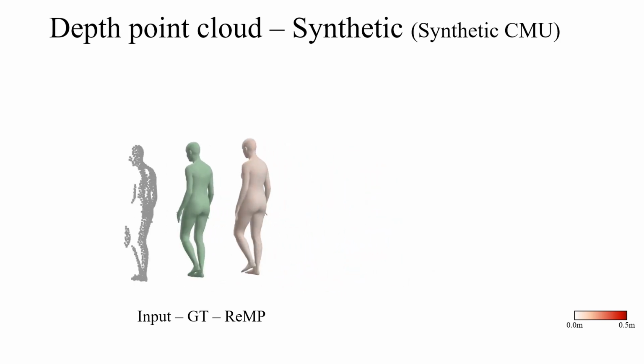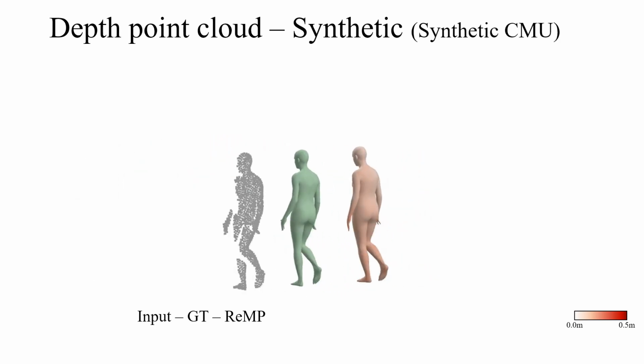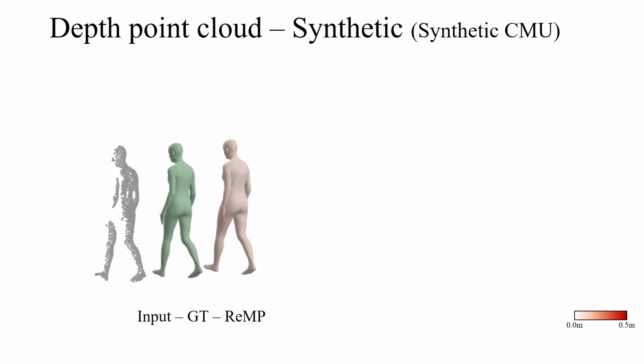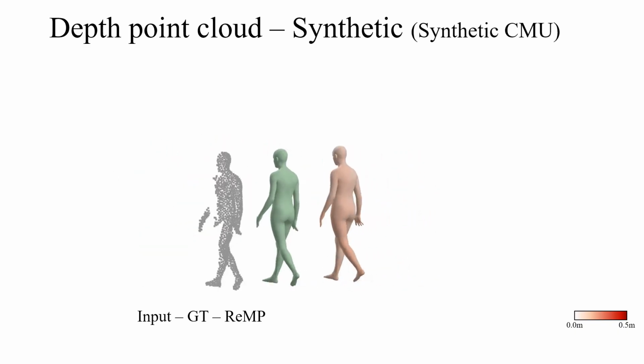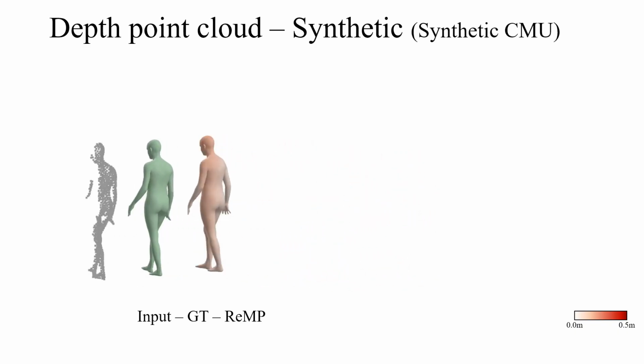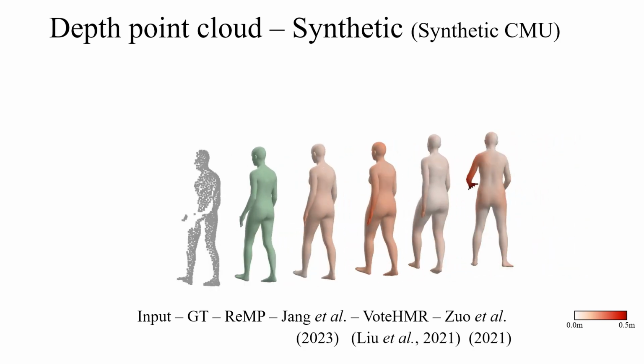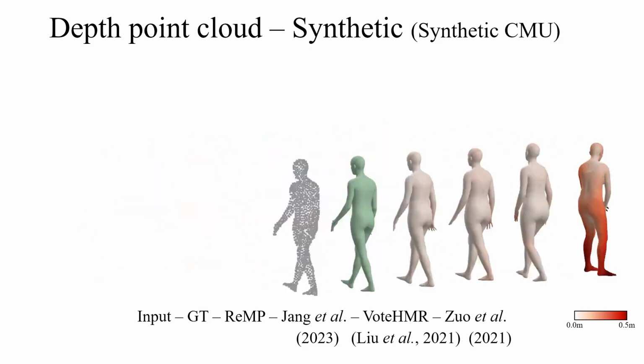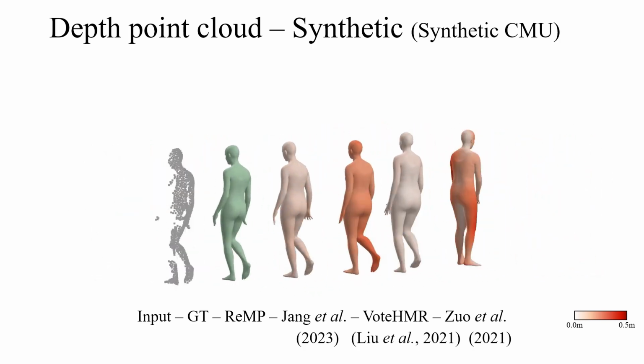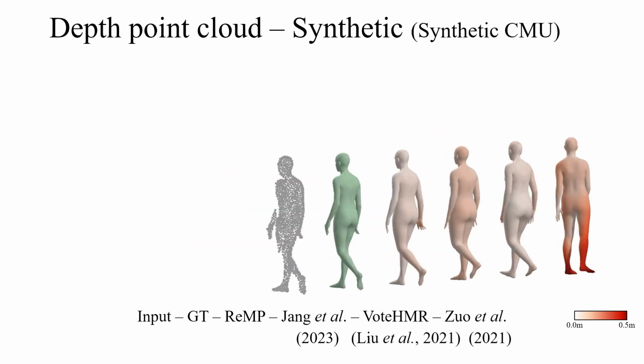This is the result of ReMP when the synthetic depth point cloud is an input. We visualize per vertex errors with the colors. This is the result of ReMP with the baselines. ReMP shows the most consistent and accurate motion compared to the baselines.